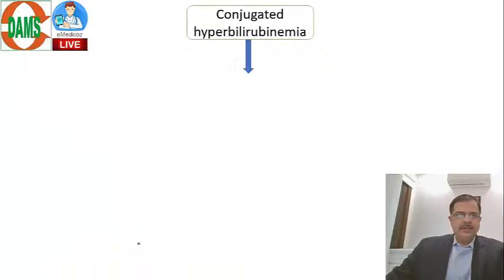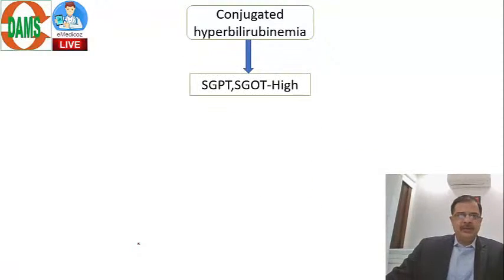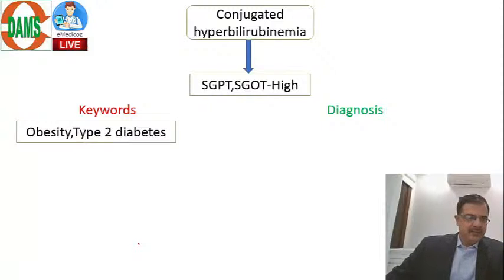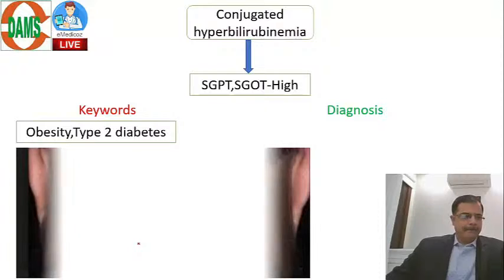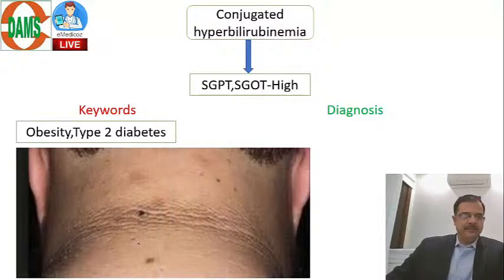Now the next one, again conjugated high bilirubin levels, SGPT and SGOT are high. Keywords and diagnosis, we have to make the keywords. So keyword is obesity. The patient is obese, type 2 diabetes is present, and there is this diagram given.